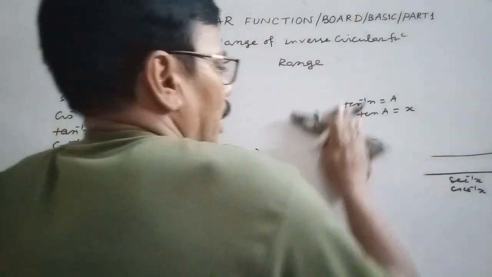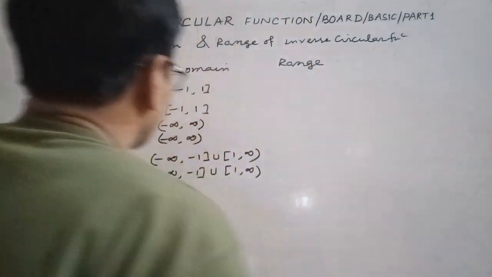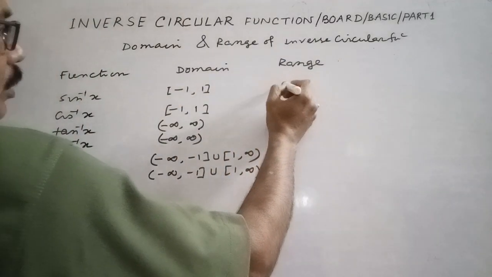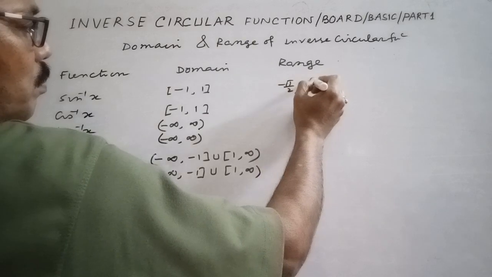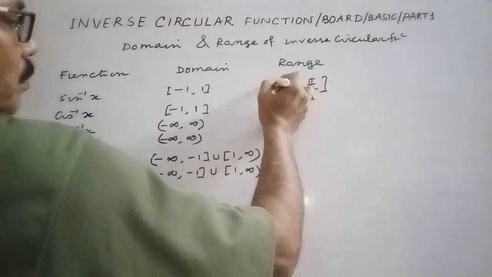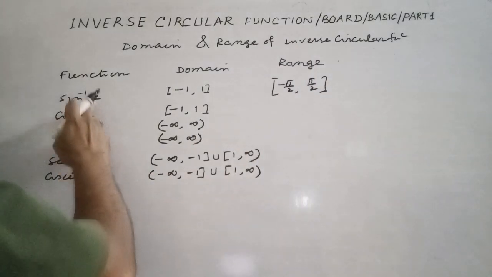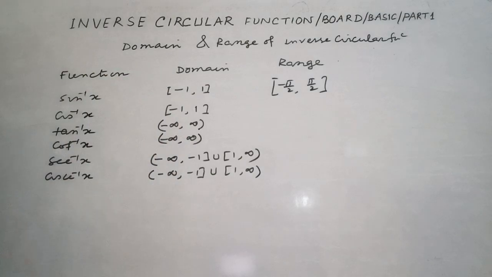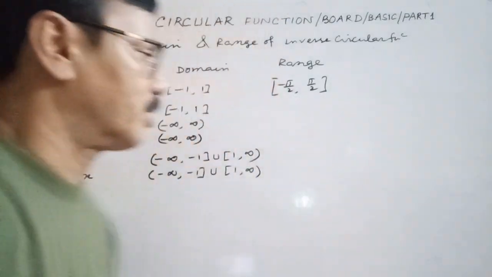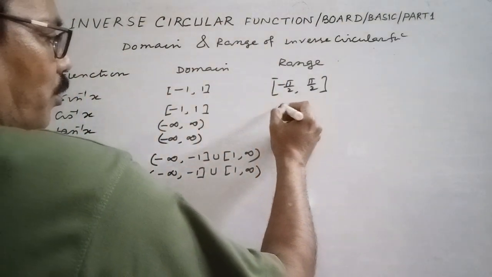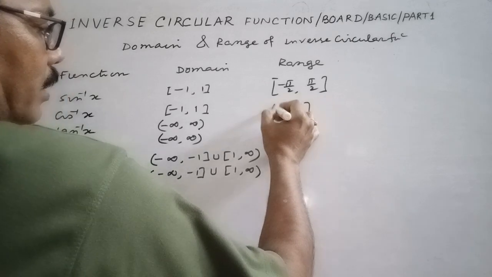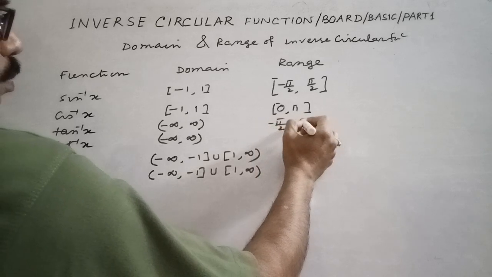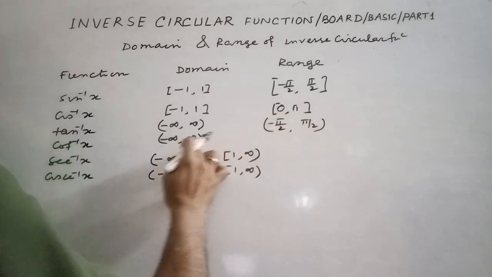Now range. The range of sine inverse x, the principal value, is minus pi by 2 to plus pi by 2. If you put 1, sine inverse 1 is pi by 2, and minus 1 gives minus pi by 2, because it is an increasing function. And for cos inverse, the range is 0 to pi. For tan inverse, it is minus pi by 2 to plus pi by 2, open bracket.